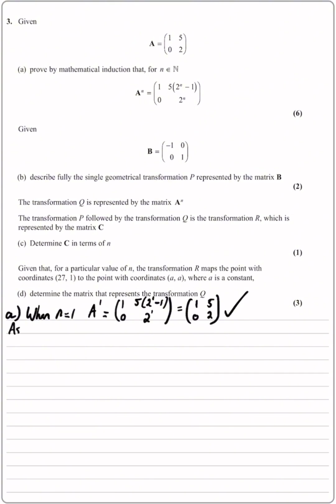We will assume that it is true for n equals k. That is, we are going to assume that A to the power of k is equal to 1, 5 lots of 2 to the k minus 1, 0, and 2 to the k.